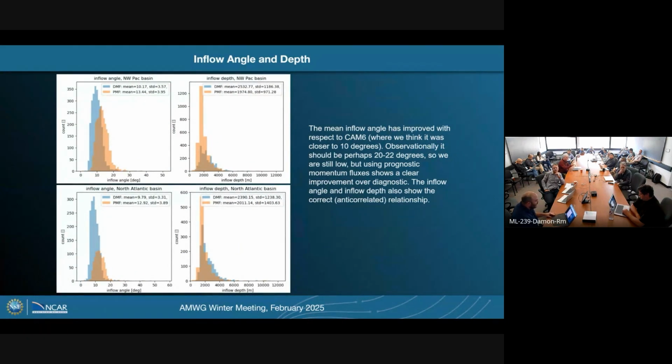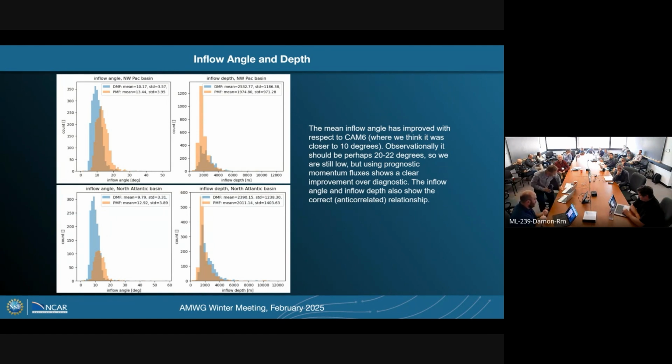So with respect to inflow angle and depth, another metric I've only recently learned about, it looks like prognostic momentum fluxes are doing quite a bit better than diagnostic momentum fluxes. As I understand it, the observational value for the inflow angle, which is sort of the deviation from geostrophy as the wind is turning around the storm, Colin said should be around 20 or maybe 22 degrees or so.